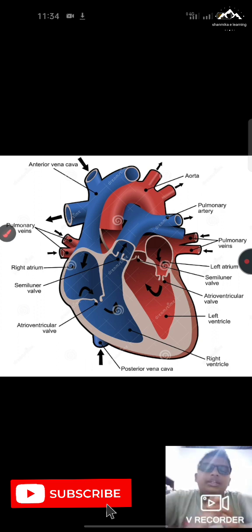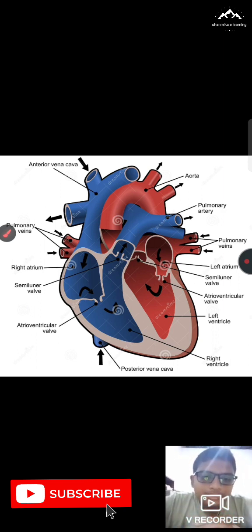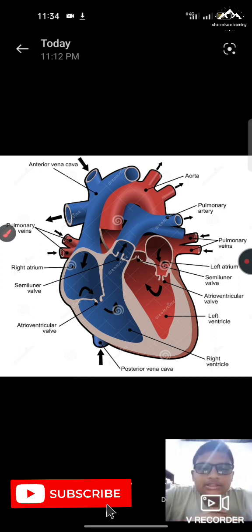You will wonder why one side is red color and one side is blue color. Red color means oxygenated blood, that means the blood which is mixed with oxygen. And blue color means the blood which is deoxygenated, that means no oxygen is there in the blood.